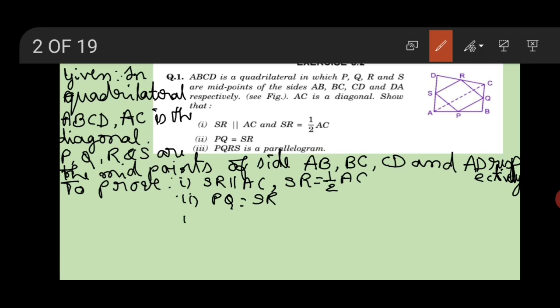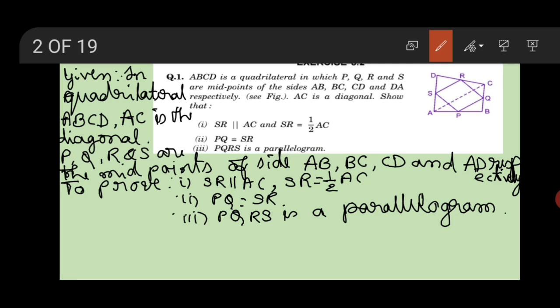Second one, PQ is equal to SR. Number 3, PQRS is a parallelogram. Now write down proof.